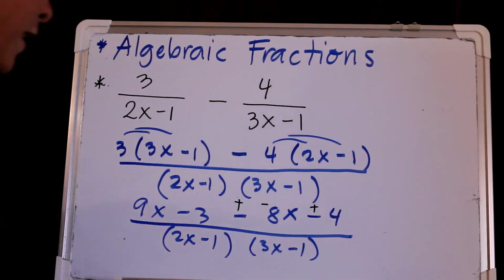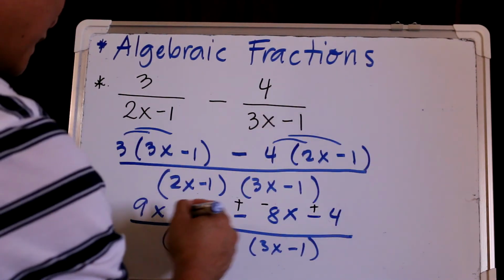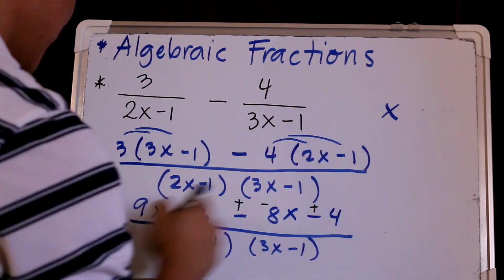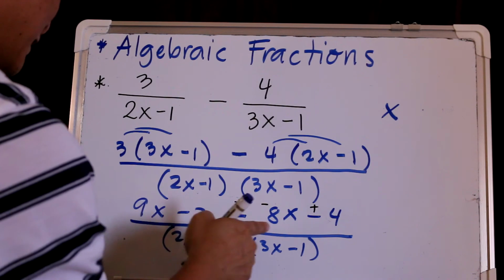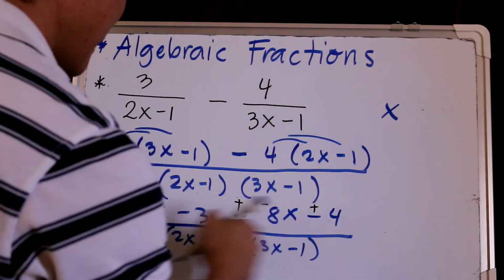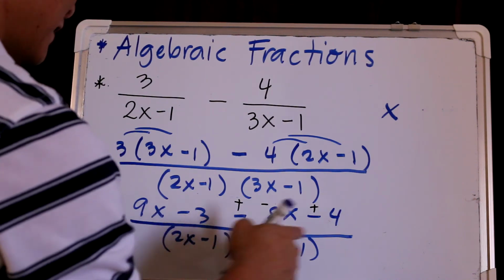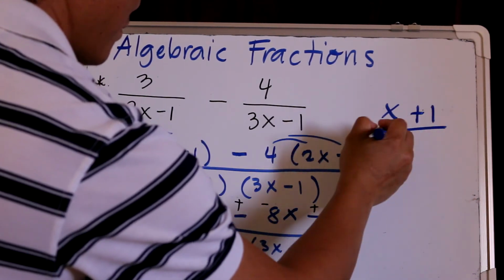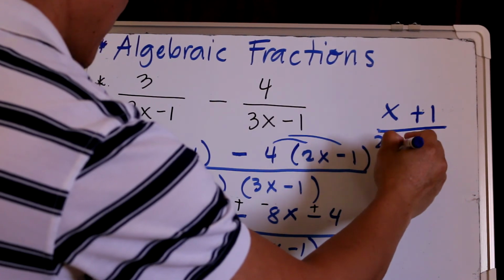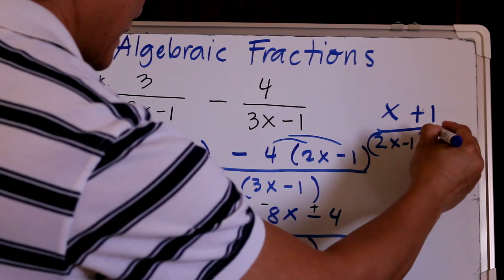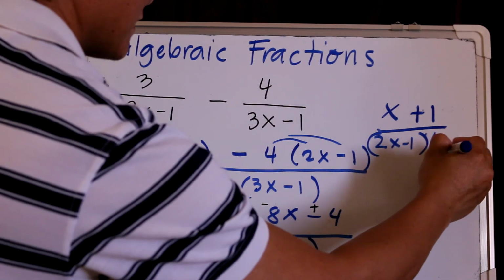Okay, so our answer then would be x only. What remains is the x, and then you have a minus and a plus, plus 1 over (2x minus 1) and (3x minus 1).